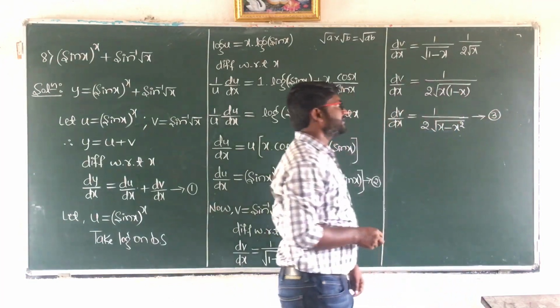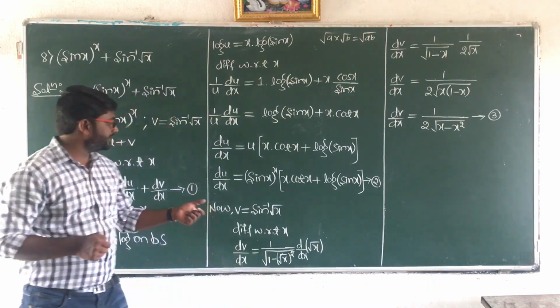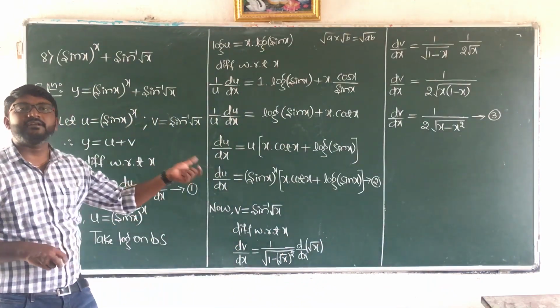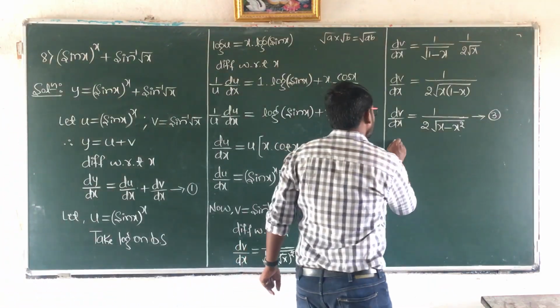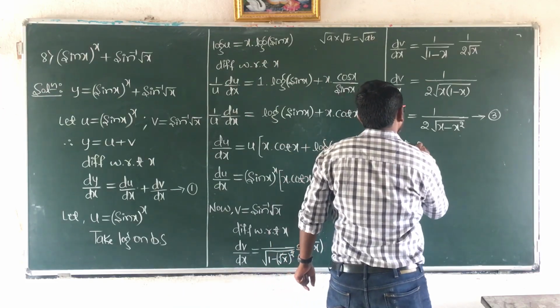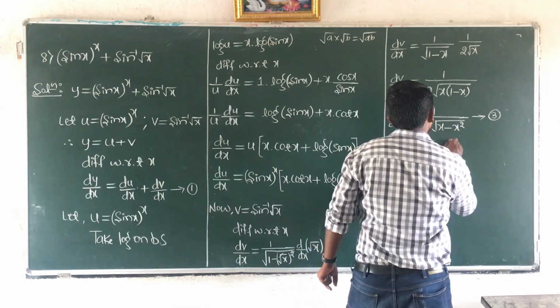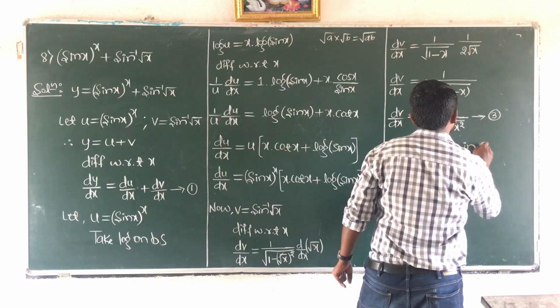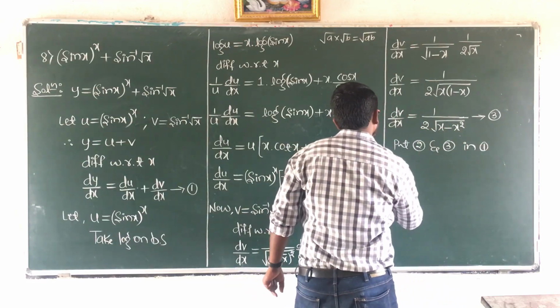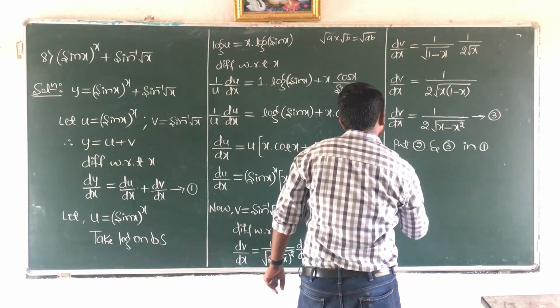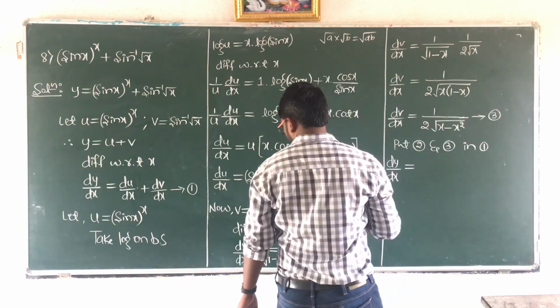Now we have to substitute equation 2 and equation 3 in equation number 1 so that we get dy by dx. Put 2 and 3 in 1. We get dy by dx, which is equal to du by dx.